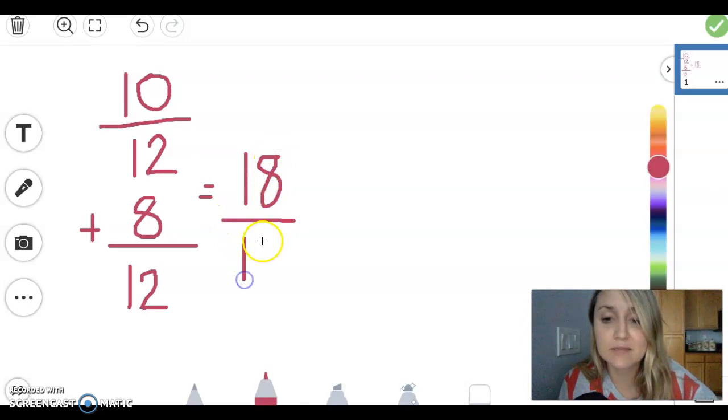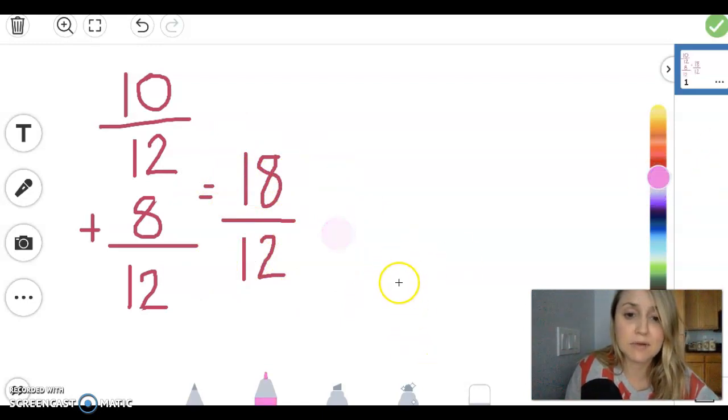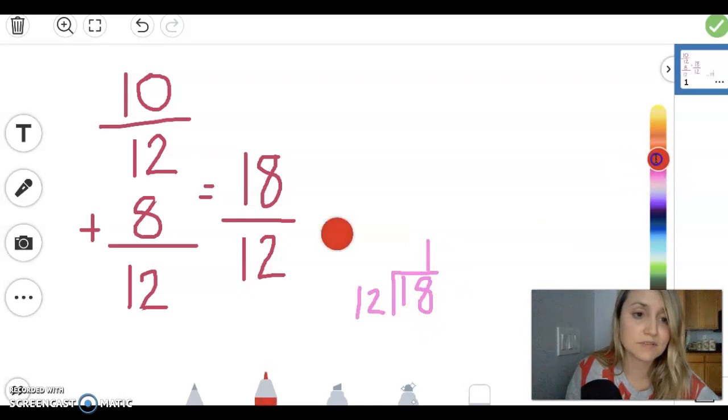Denominator stays the same, so it's going to be 12. And then here, since it's improper, you have to remember how to do mixed number again. So remember 18 divided by 12. Remember, the first number always goes in the house, so 12 goes into 18 once. 1 times 12 is 12.